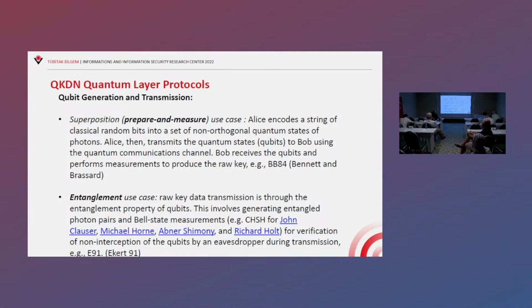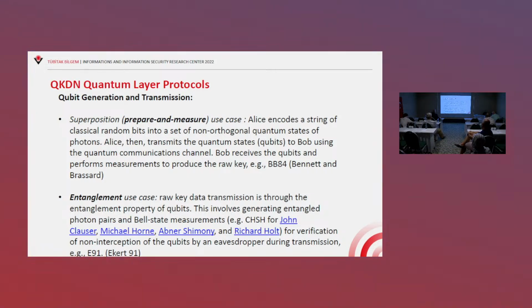Non-orthogonal meaning she could pick, for instance, the eigenvectors of the X and Z Pauli operators. They would represent non-orthogonal bases. And then Bob would receive these qubits and perform measurements to produce the raw key.